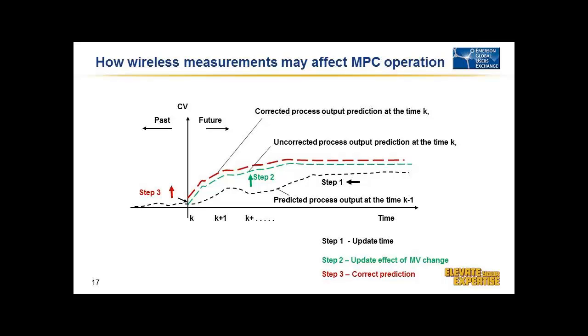Just again, looking at that diagram, what is our risk here in case wireless measurement is not coming? We are not making this correction of the prediction. It's really not a significant risk, so we may say that MPC may work based on just the uncorrected process output in case we are not getting wireless measurement.